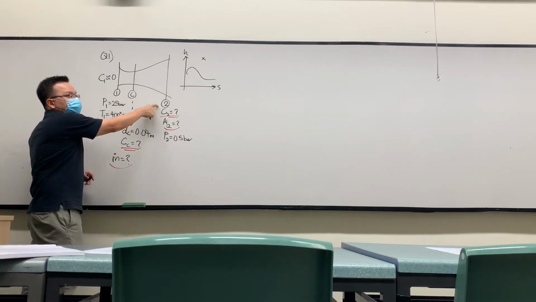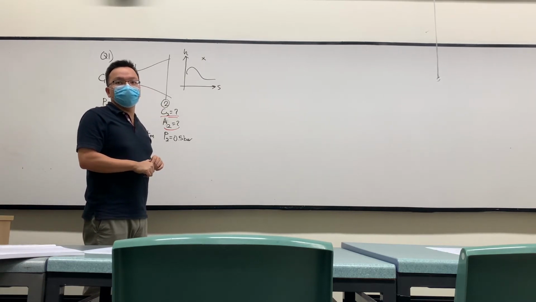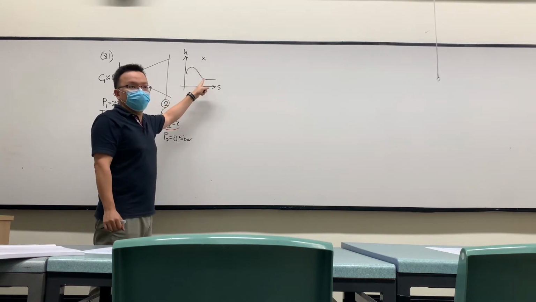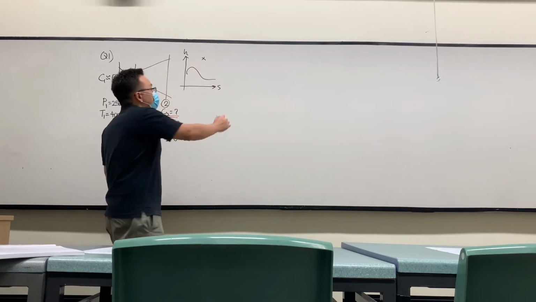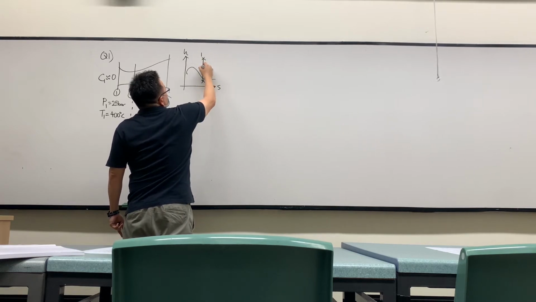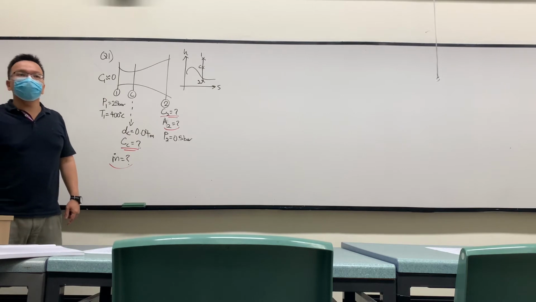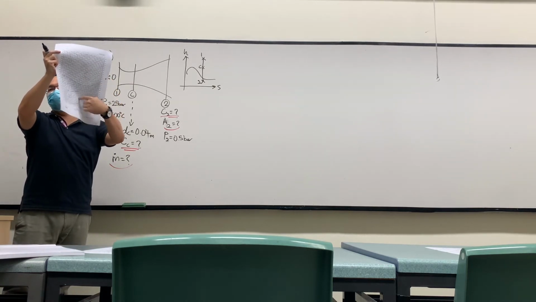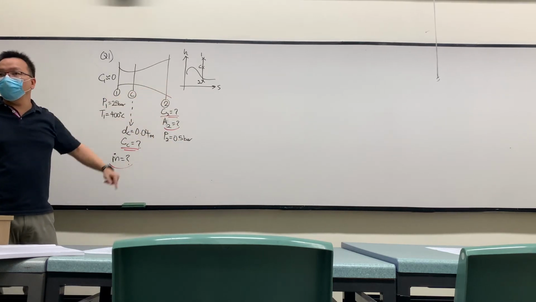Isentropic means constant entropy, so the graph is a vertical straight line. Here is 1, here is C, here is 2. When you draw it later, it will be 1, C, 2, like that. Clear enough?